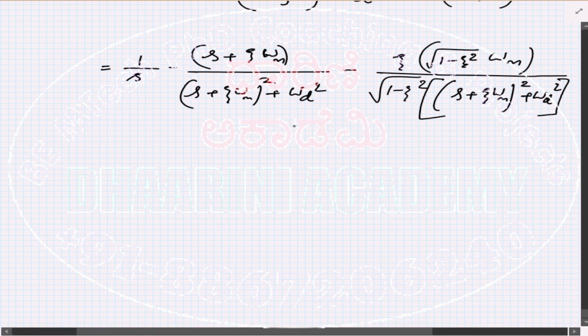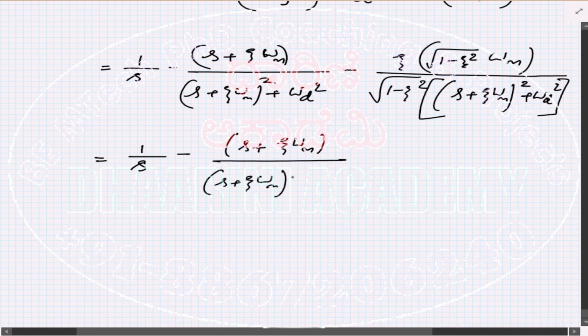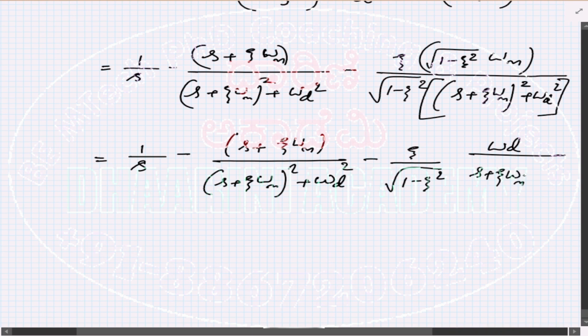So now we can write this as 1 by s minus (s plus zeta omega n) whole divided by (s plus zeta omega n) whole square plus omega d square, minus zeta by root of 1 minus zeta square into omega d divided by the same thing, (s plus zeta omega n) whole square plus omega d square.